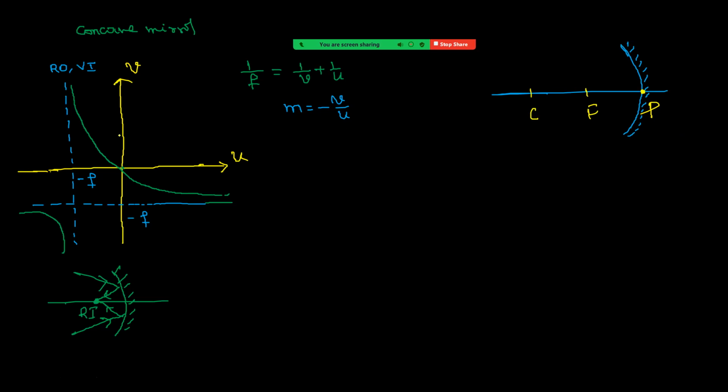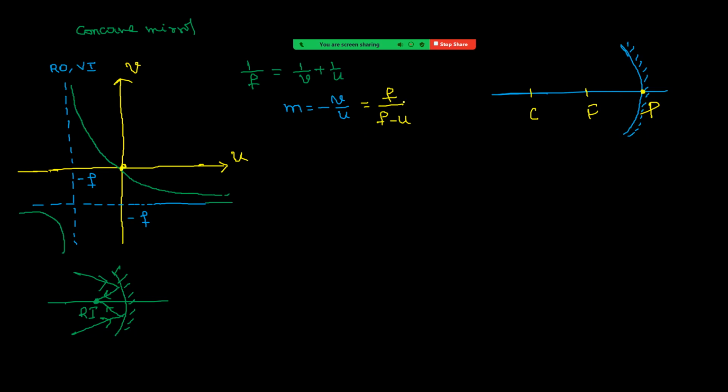Now see the second quadrant. This is now the pole. In between pole and focus, that is now the second quadrant. See carefully. In the second quadrant, we have pole to focus in between. Object is in between pole and focus. Right. So here I am writing one more thing. This magnification is written as F upon F minus U. Right.